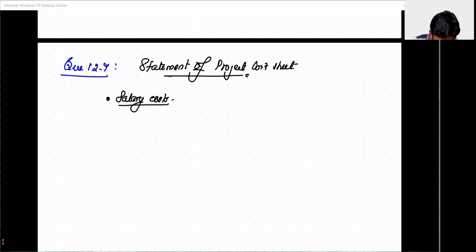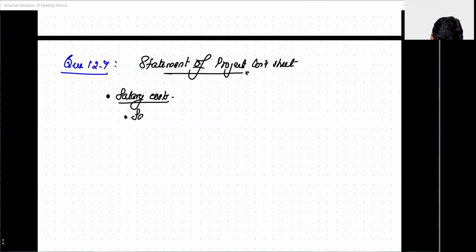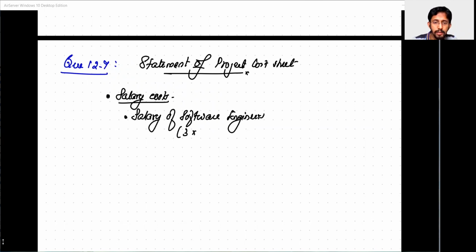First is salary of software engineers. How many software engineers? 3. Each are paid 25,000 per month for 6 months. So that will be 4,50,000.